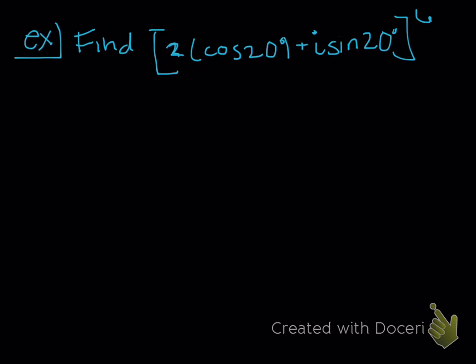And they want this raised to the 6th power. So again, obviously we don't want to sit there and multiply this out 6 times through because that's time consuming. Instead, we want to use the formula.